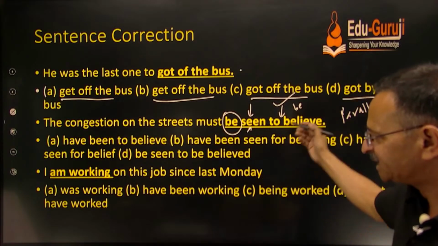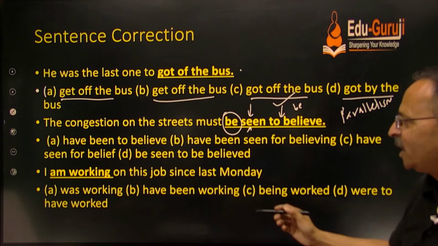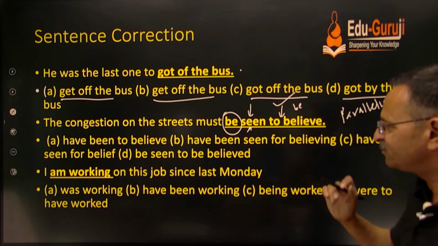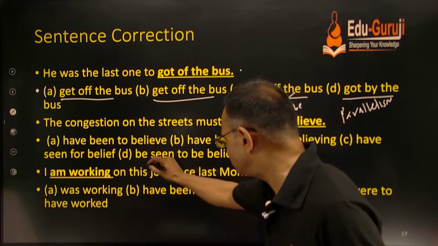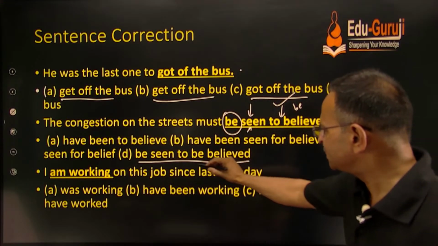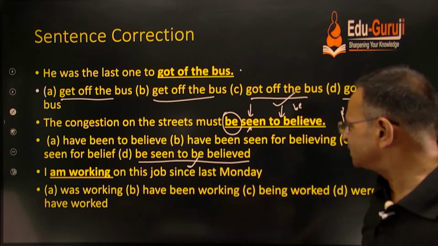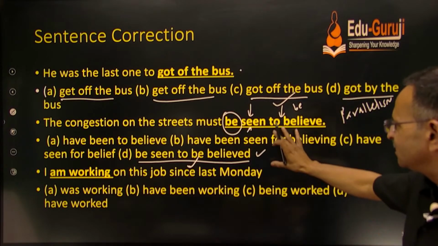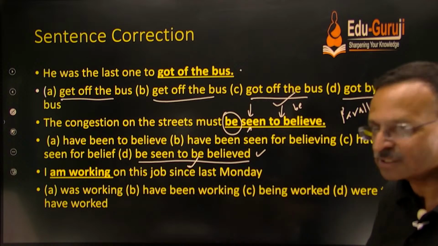So let's see the options which are there. Have been to believe, have been seen for believing, have seen for believe, and be seen to be believed. So the option here you can see B is coming. So we will be using the option D, which is the correct option.